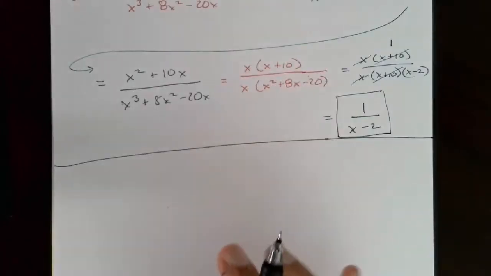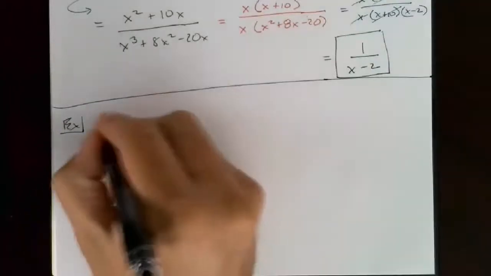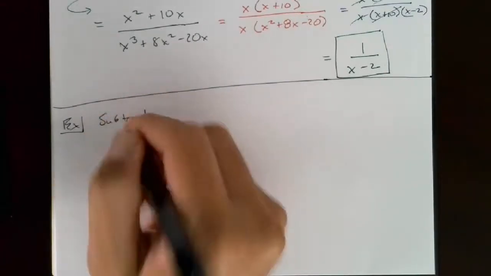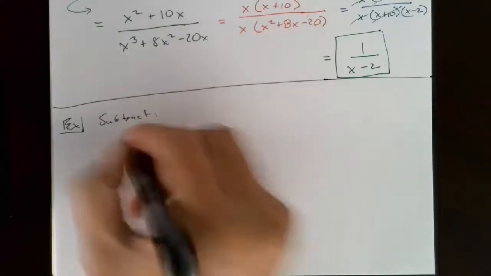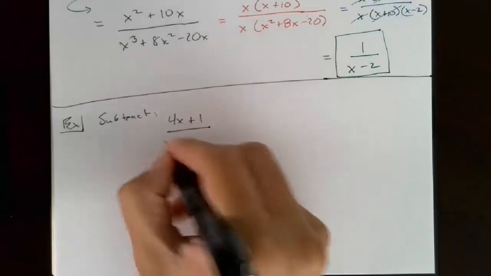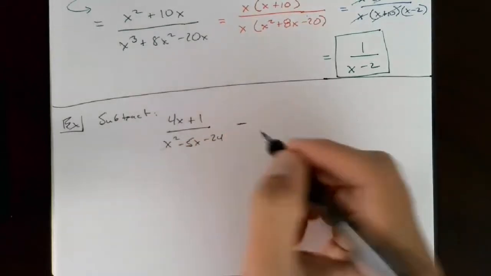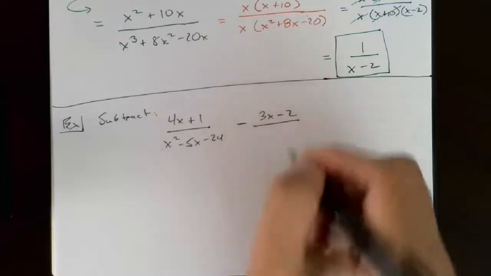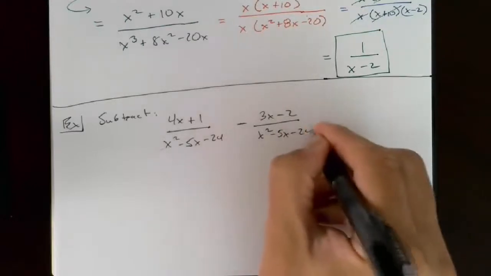Let's take a look at just one more here. If I had this example where I have to subtract, and we'll say we've got 4x plus 1 over x squared minus 5x minus 24, minus 3x minus 2 over x squared minus 5x minus 24.